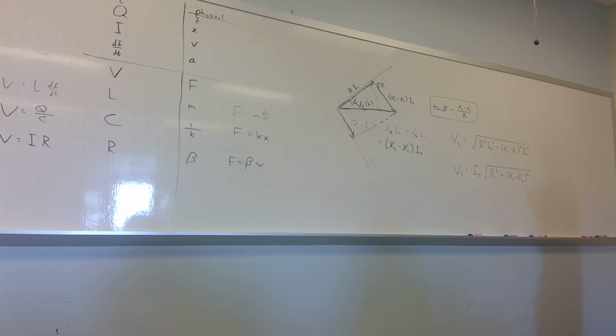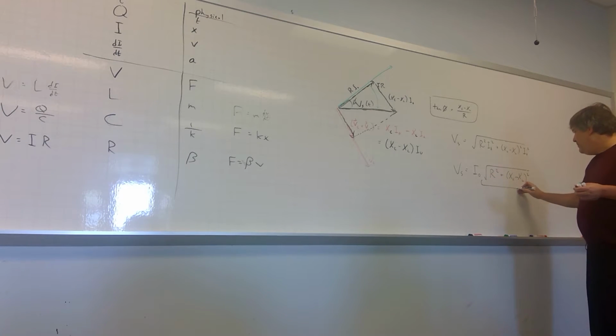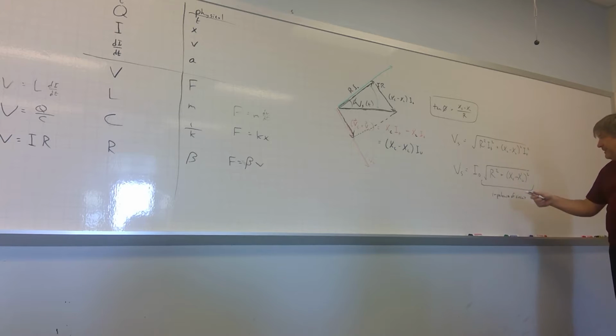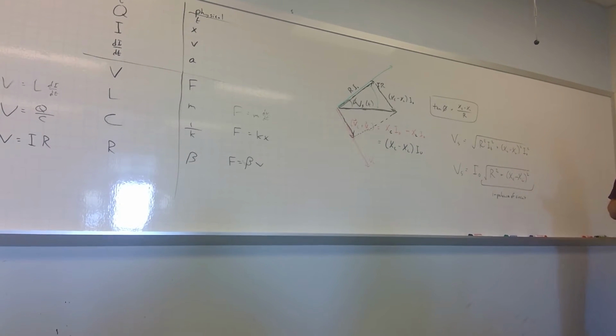They sometimes call this the impedance of the circuit as a whole. It depends both on the resistance and on the combined impedance of these two guys.